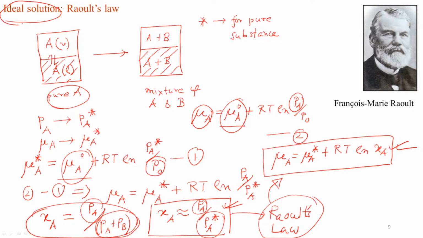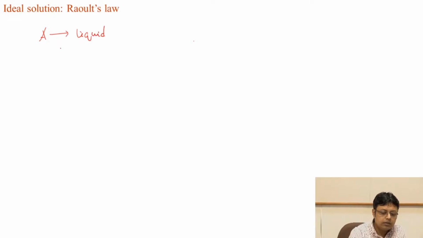Now let us try to understand why this approximation actually holds. Think about a situation. Suppose A is a liquid and suppose B is a solute, for example A is water and B is some salt.